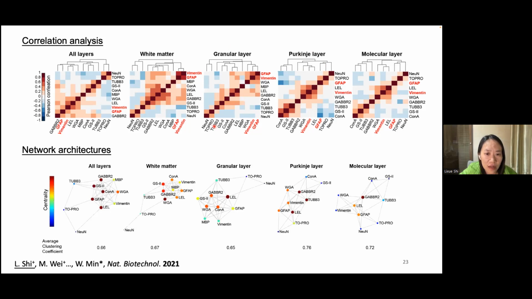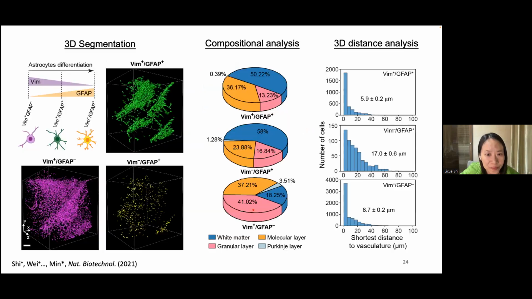In addition, the underlying architectures of some specific subregions can be visualized using a network representation. This is helpful to find some important targets or biomarkers. Also, thanks to the rich information in a large volume data set, some 3D-based analysis is also doable.